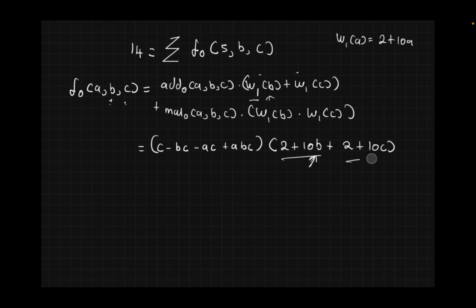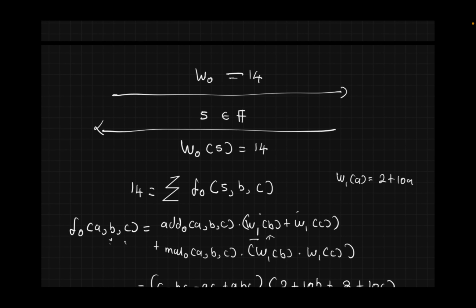So why do we never do it for A? Because the function is usually like W of B plus W of C. A is the only thing that only comes in here.